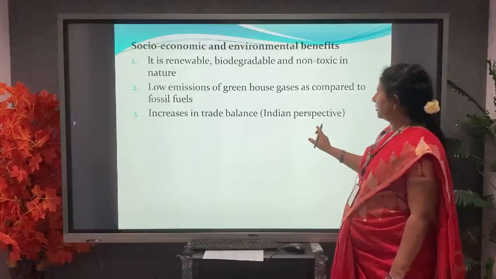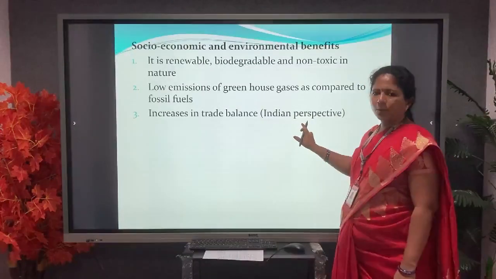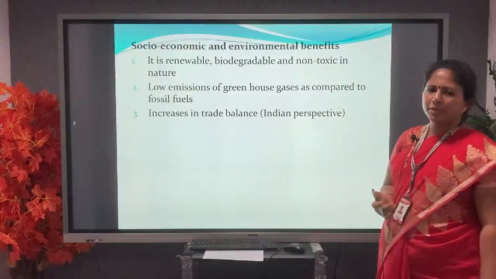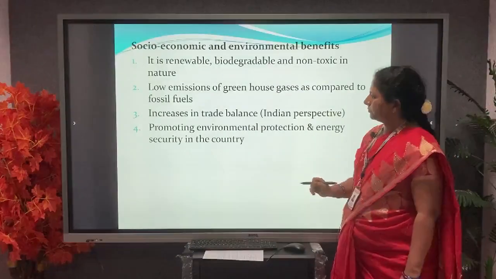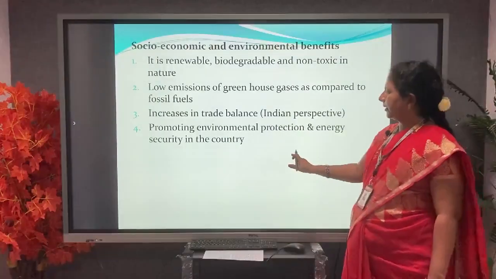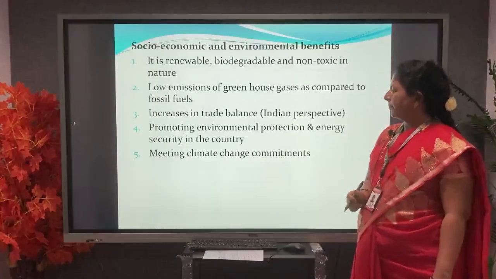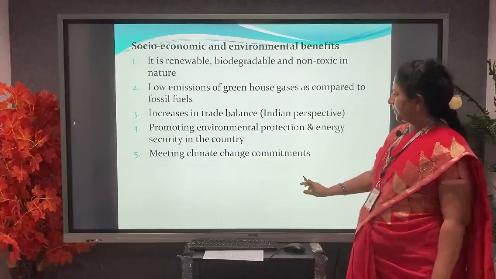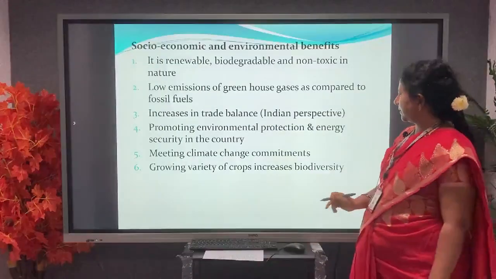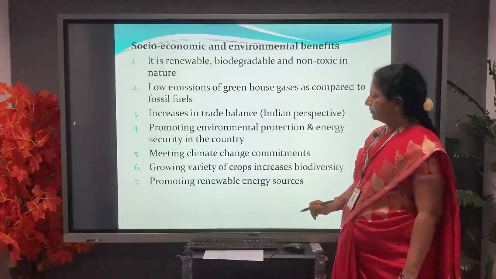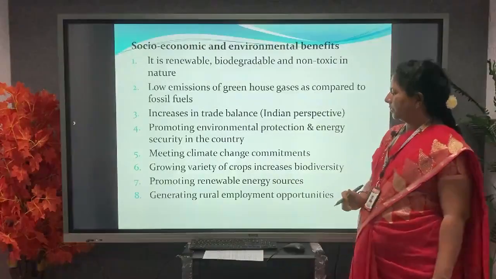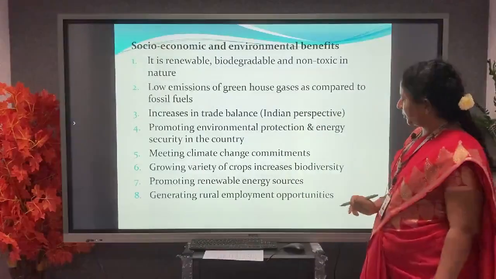Indian perspective means by using biodiesel, our requirement for petroleum fuels will decrease so that we can save currency. Promoting environmental protection and energy security in the country. Meeting climatic change commitments. Growing a variety of crops increases biodiversity. Promoting renewable energy sources. Generating rural employment opportunities.